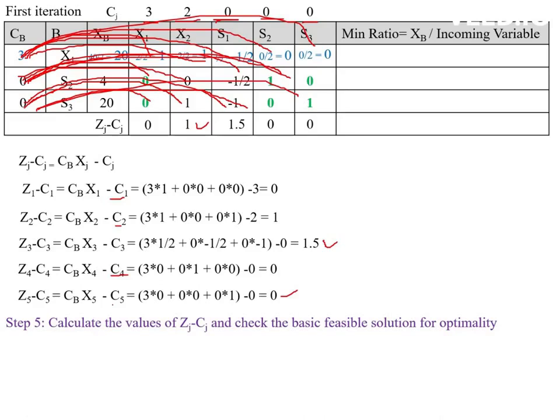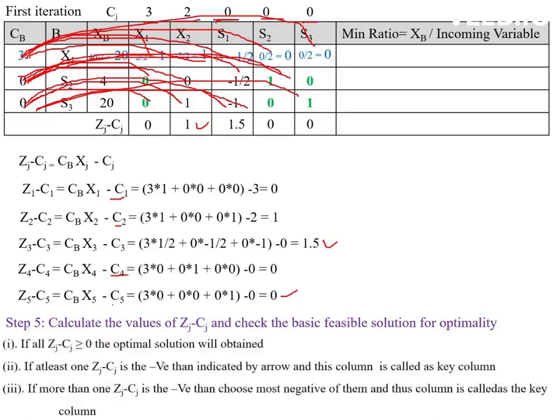After determining the Zj minus Cj values, we check the basic feasible solution for optimality. Here I observe whether the Zj minus Cj values are greater than or equal to 0, or any have negative values. Observe that all these Zj minus Cj values are positive.